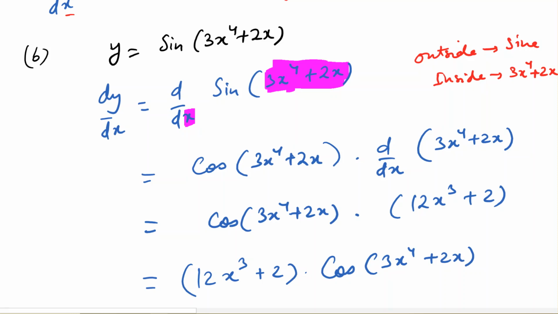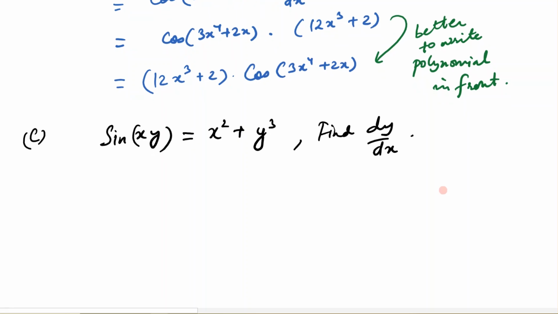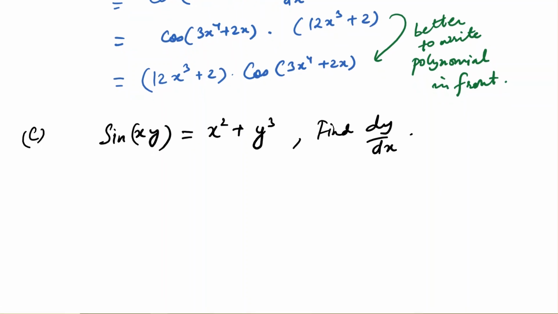Let's try this example in which we need to use implicit differentiation to find dy over dx. So this is our implicit differentiation form. First we need to take the derivative of both sides of the equation with respect to x.